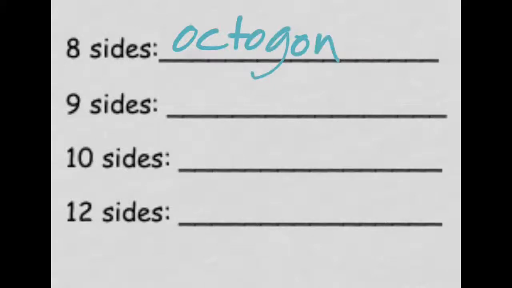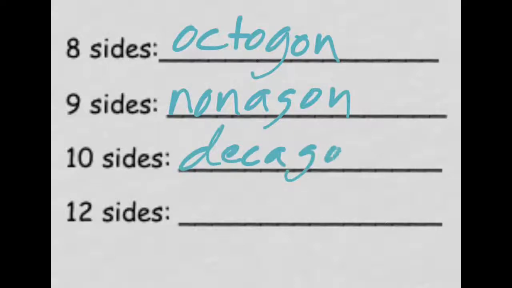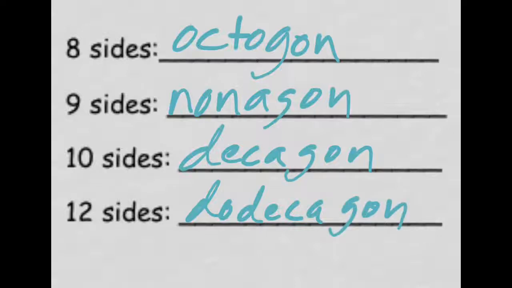Octagon, like the Octomom. Nine sides is nonagon. Ten sides is decagon. And twelve sides is dodecagon. So do, deca, gon just means 2 and 10, and gon for sides.